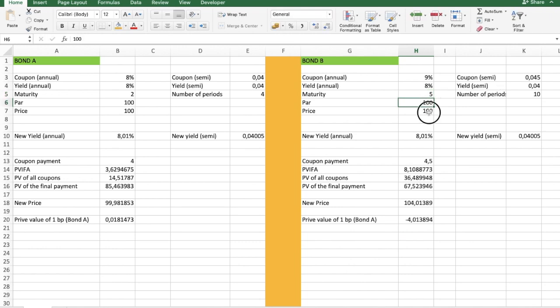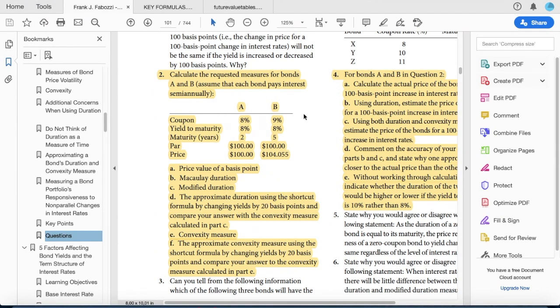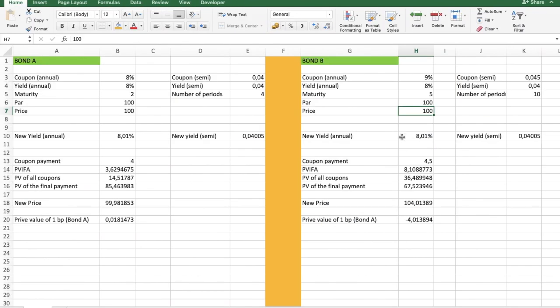See, now the current price for A is 104.055. This is the new semi-annual yield. Now the coupon payment also will change since the coupon rate also has changed.